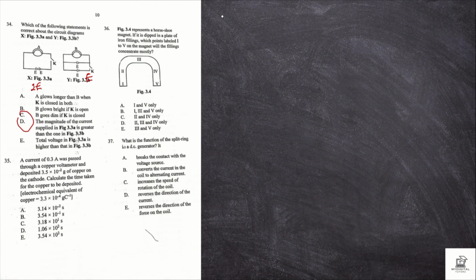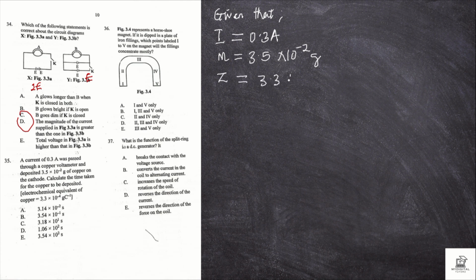So here, given that the current I is 0.3 amp, then we are given that the mass deposited M is 3.5 times 10 raised to the power minus 2 gram, and we are given that the electrochemical equivalent Z is 3.3 times 10 raised to the power minus 4 gram per coulomb.